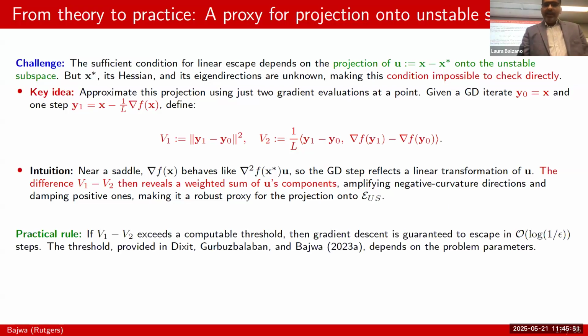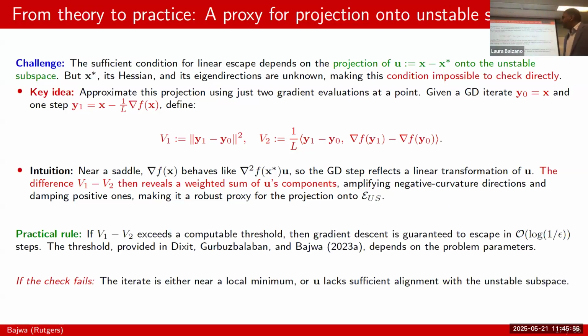Okay, and if this difference is not large enough, it has two meanings. Either you are at a local minimum, right? So you have no unstable subspace, you are at a perfect local minima, or you are not satisfying the angle condition.